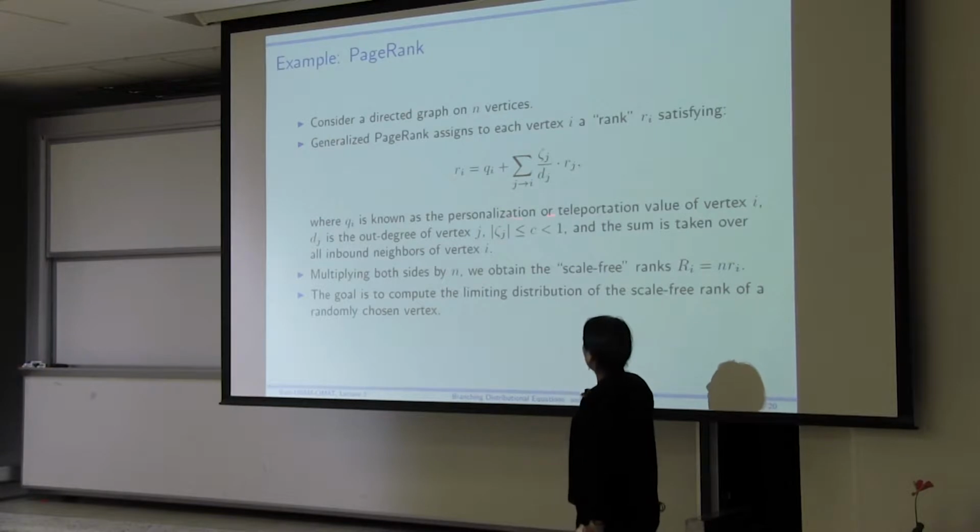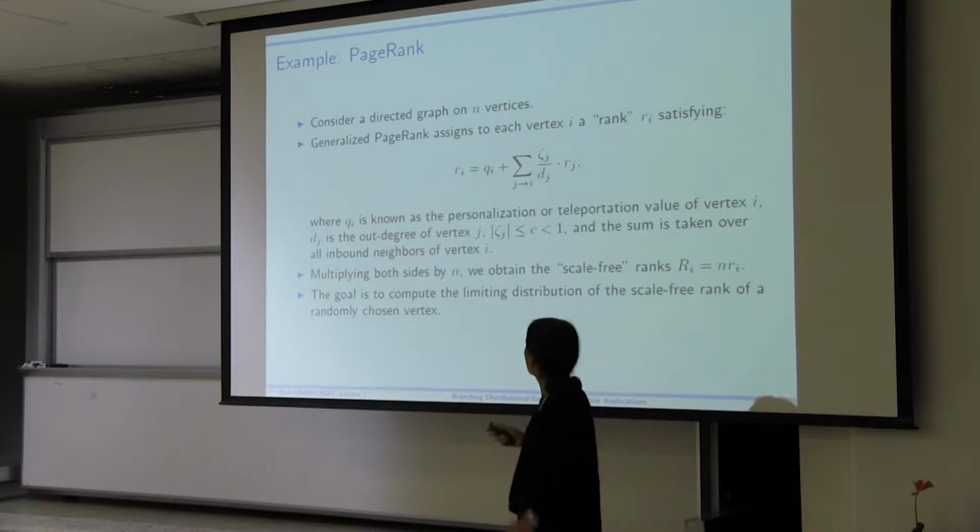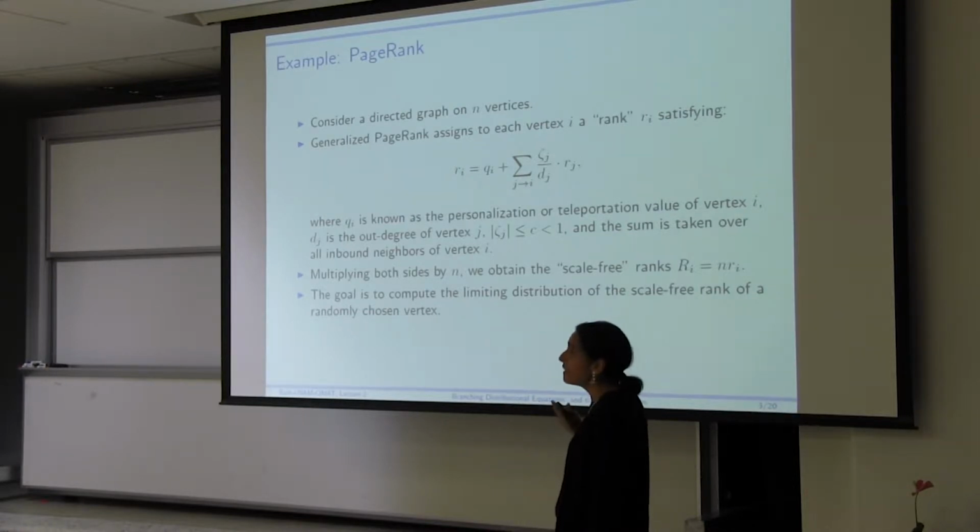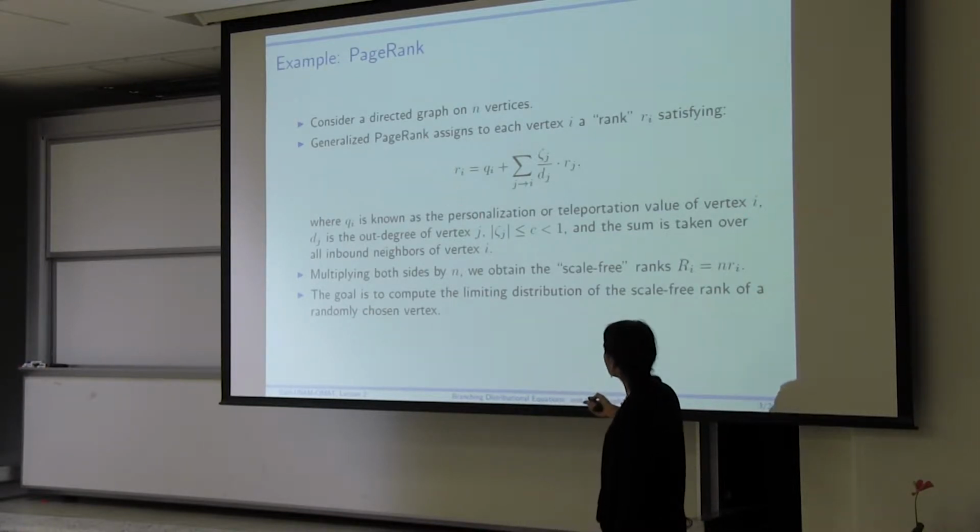What I'm going to do to this equation, everything here, if you think about it for a few minutes, as long as I'm not talking about a very weird graph, the r's are going to be of order 1 over n. Again, with n in the tens of billions. So it's a pretty large number. So rather than work with those, multiply everything by n.